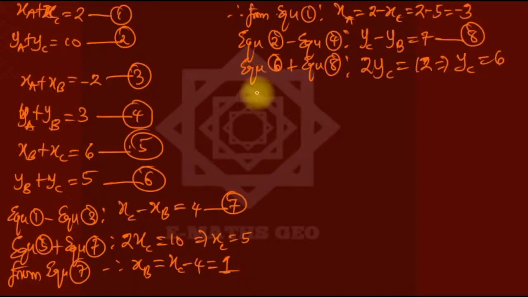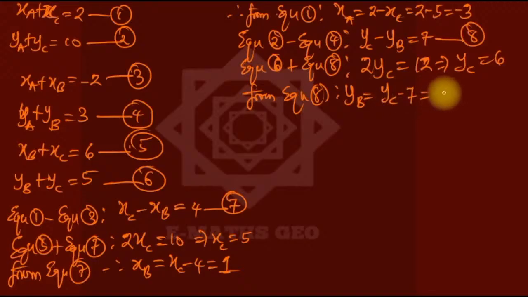Therefore, from equation 8, we see that YB is YC minus 7, which is 6 minus 7, which is minus 1. We'll now go back to get our YA.